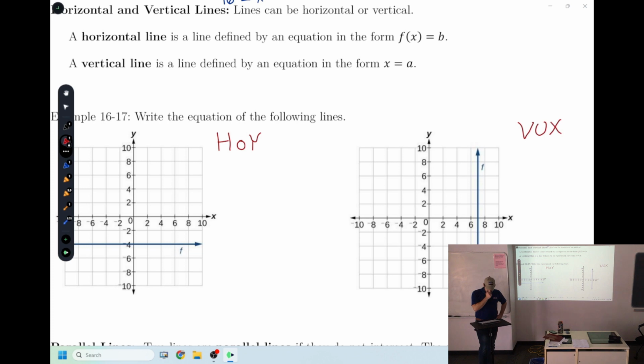Is that how you spell it? Yeah. Okay, great. Memorize that before Wednesday.